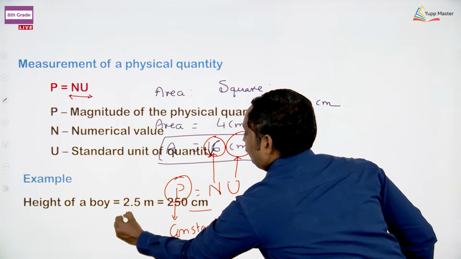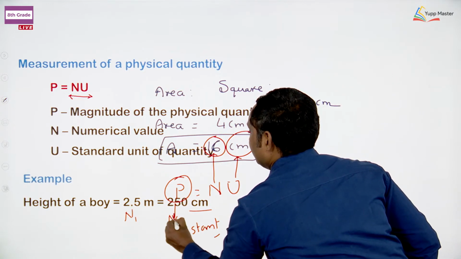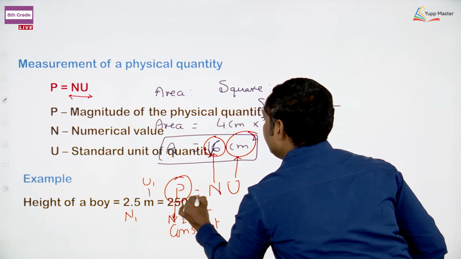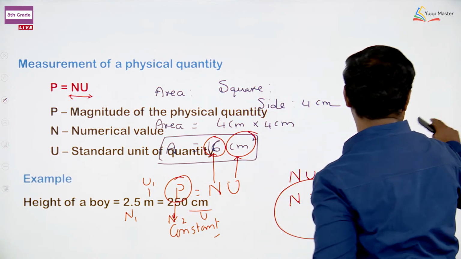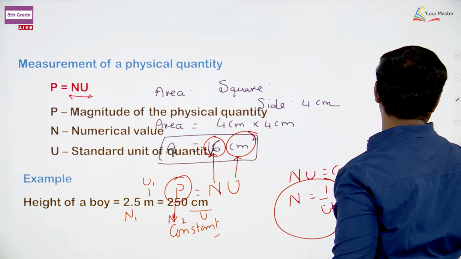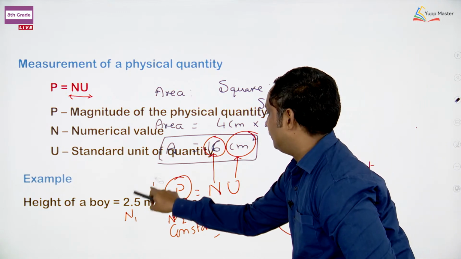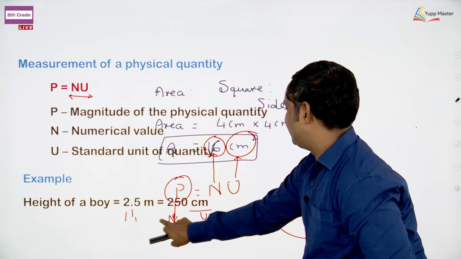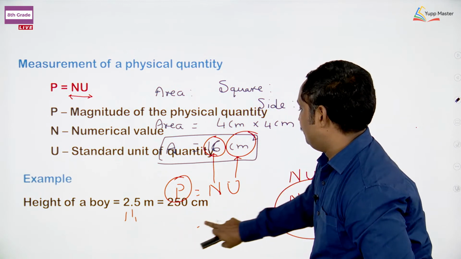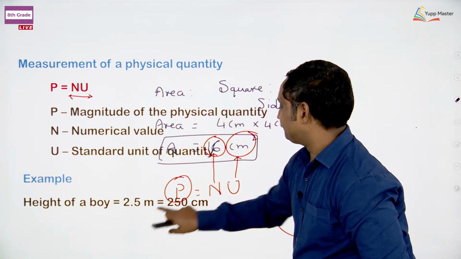Here this is N1, this is N2, this is U1, this is U2. You have to understand that matter.